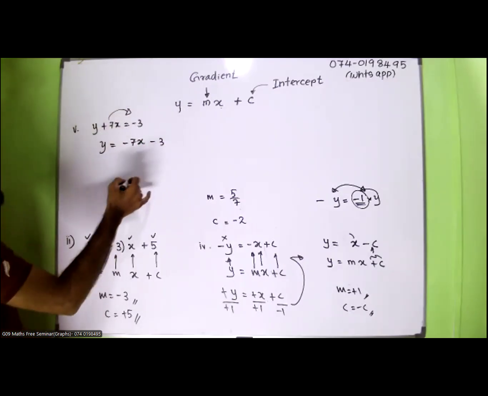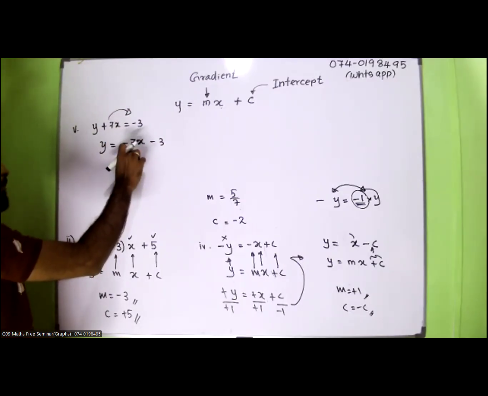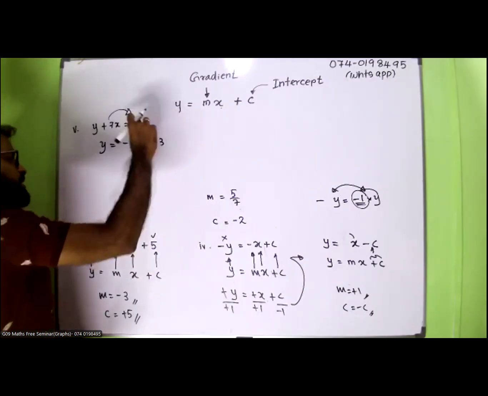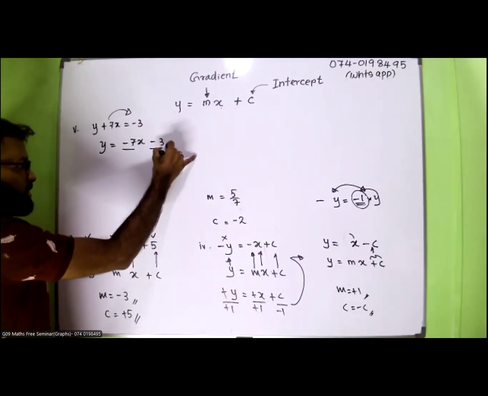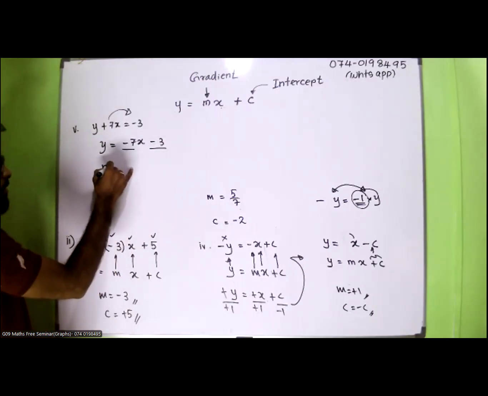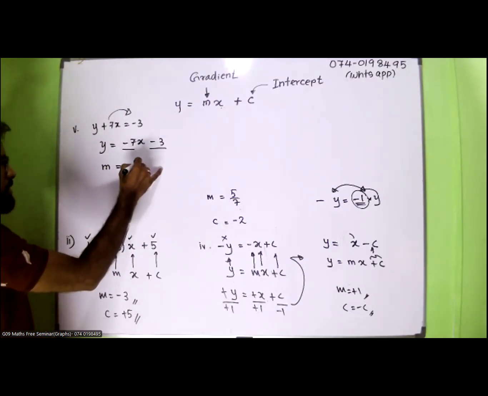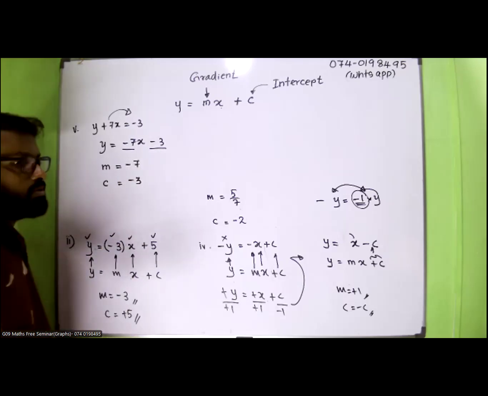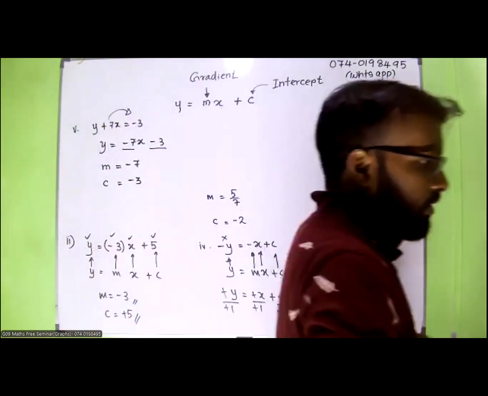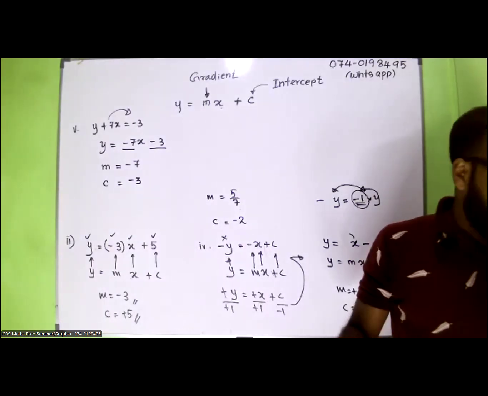So this is in y equals mx plus c. Right? So by looking at this, this is m, this is c. M equals minus 7, c equals minus 3. Right, done.